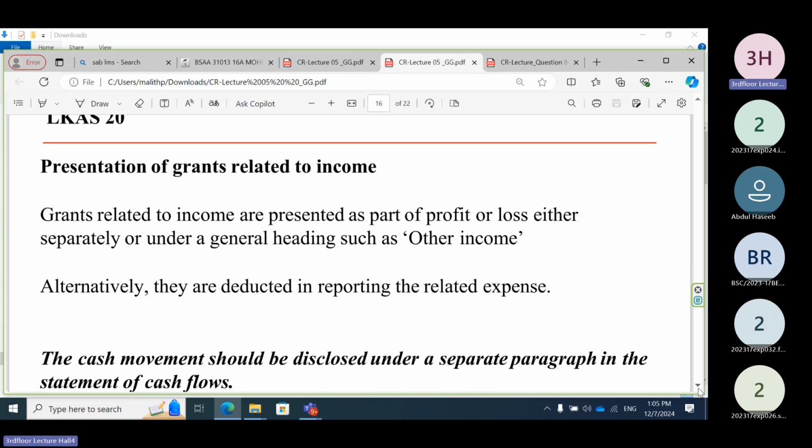So this was discussed. So then related grant income should be recognized as other income in the books, right? And if you are having a cash receipt, it should be disclosed as a separate line item. Separate line item means in the cash flow statement, we have 3 activities, right? Operating, investing, financing.